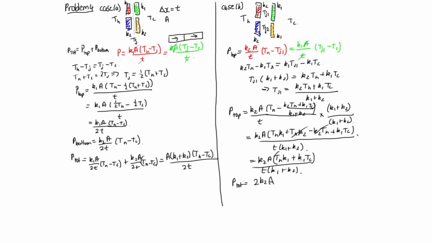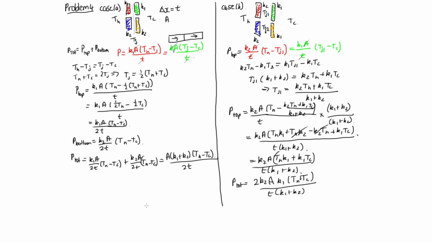Now here K1 is actually a common factor, so let's pull that out the front, and then we've got TH plus TC over T K1 plus K2. If you're not happy with the argument for doubling it, then you can work through the same thing for the bottom, and you will end up with the same expression.